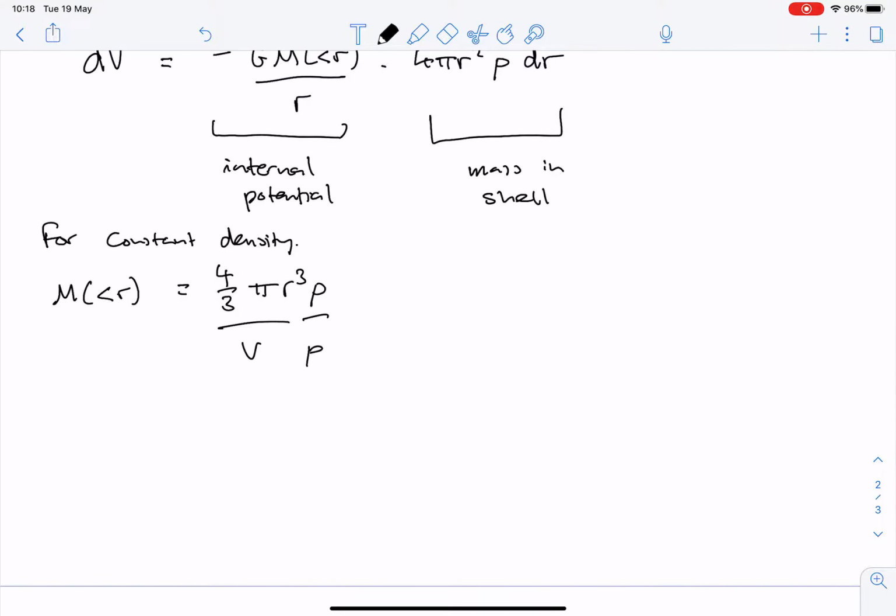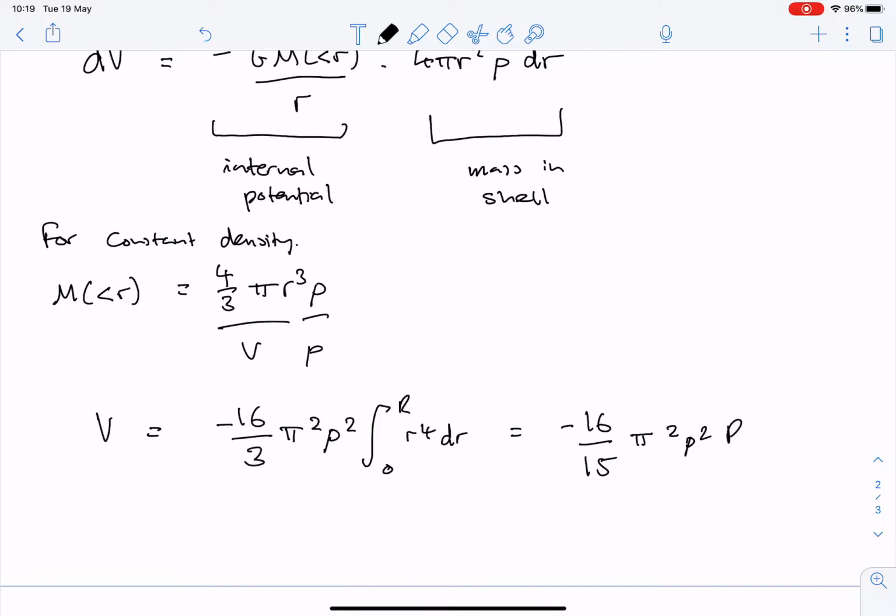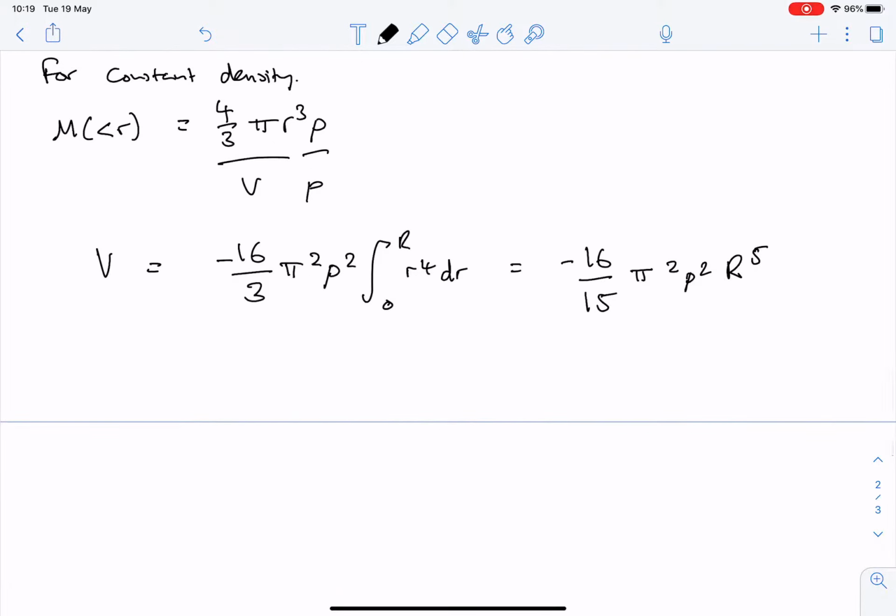So I can write that V is equal to minus 16 over 3 pi squared rho squared G, integral between 0 and R of r to the 4 dr, just multiplying all of that out, which is equal to minus 16 over 15 pi squared rho squared G R to the 5, and then substituting back in for M is 4/3 pi r cubed rho, I can get that equal to minus 3GM squared over 5R.